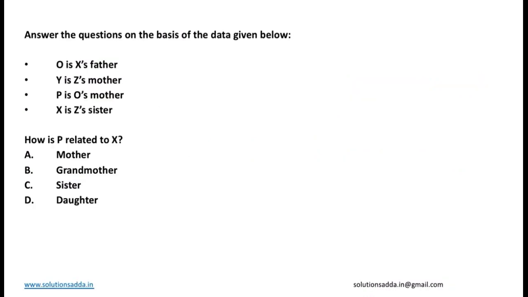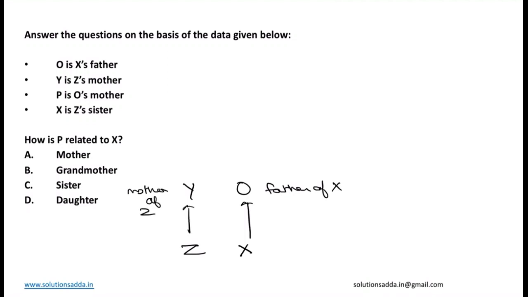This is an aptitude question based on blood relations. Answer the questions on the basis of data given below. O is X's father. Suppose X is a person, O is there, so O is father of X. Y is Z's mother. Y is also a person. Z is there, so Y is mother of Z. P is O's mother.